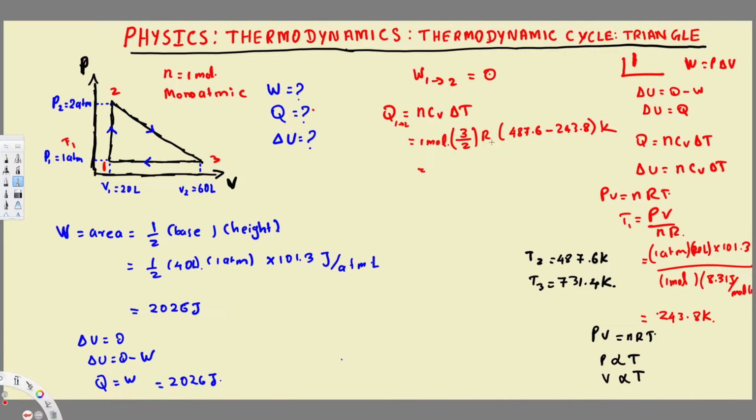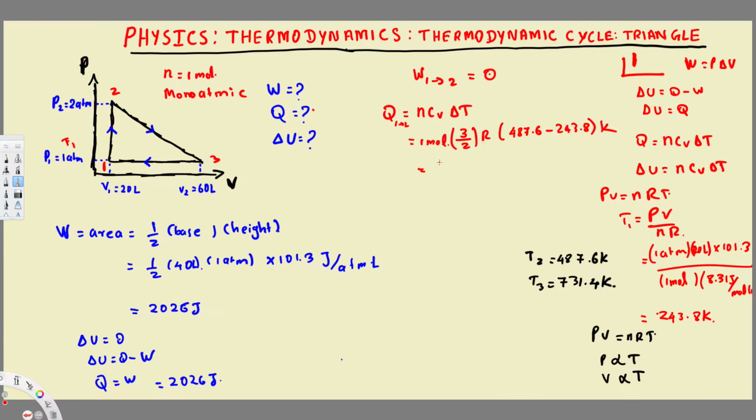R is going to be 8.31, and if you plug in all these values, that's going to give you Q for 1 to 2, yeah, Q 1 to 2, that's what we are doing, right?